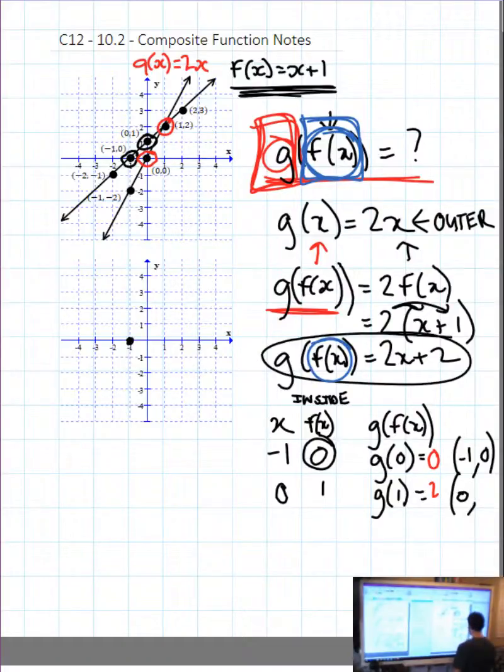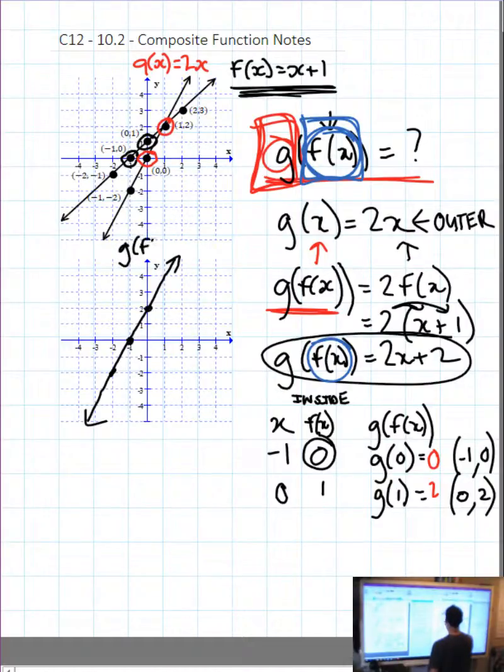And we got a g of f of x of 2. And I can put that point on the graph, 0, 2. Now I could do a few more points, but I can already see that it is matching up with the equation that I just figured out. So I can continue that line and confirm that that equation, g of f of x, is equal to 2x plus 2, a y-intercept of 2, and a slope of 2 over 1.